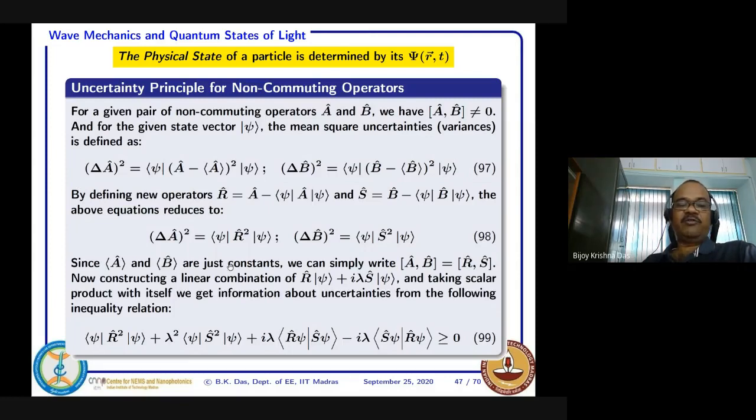Now whenever you are taking the expectation value of A and B, they are constants, because you are operating on psi and whatever expectation value you get is the average value, so they must be constant.